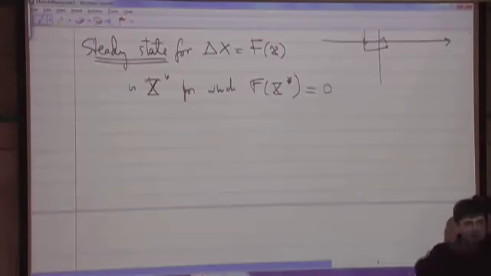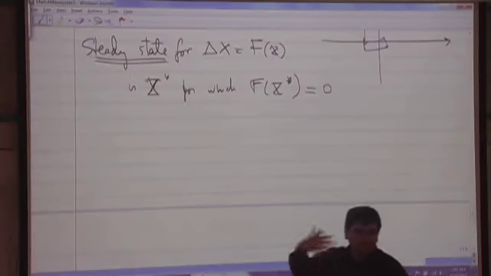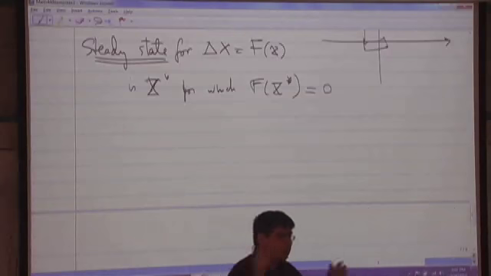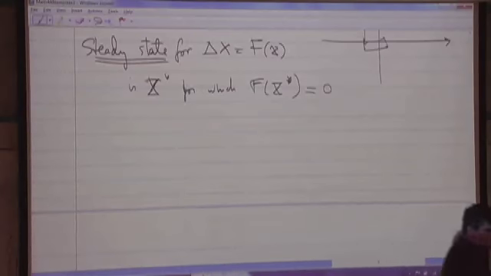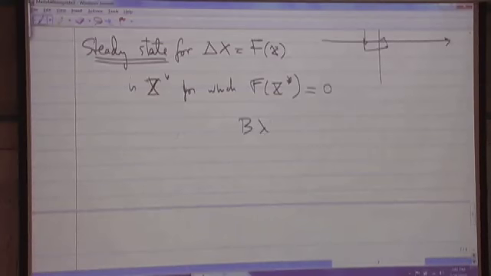So it's just like in the continuous dynamic system. You look at the right hand side and you set it equal to 0, and you get the places where this is 0. Now you tell me, when I have a matrix, what do we call it? This was B. So if in the linear case F was just a matrix multiplication, right?